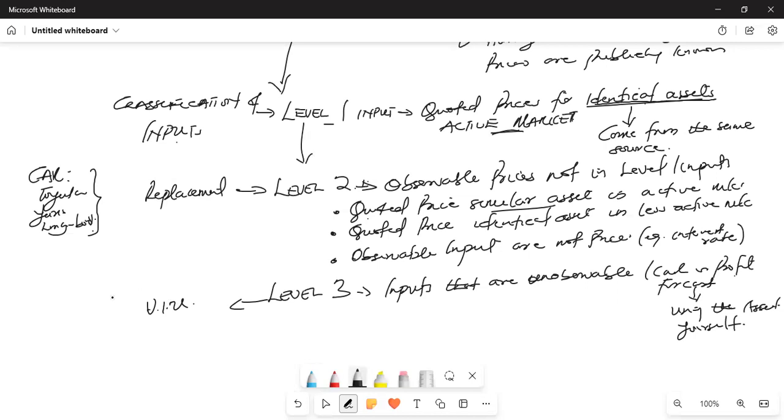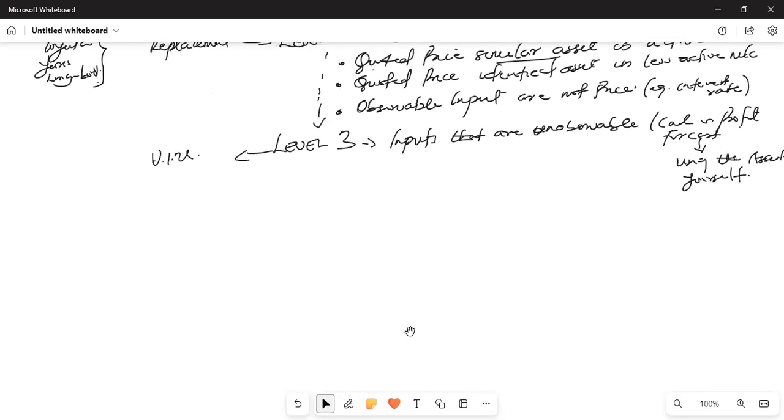All right. But you see, when you are doing the levels valuation, if you are checking this, priority must be given, it's ranked like this. The priority must rank from here to here. So if you don't get level 1, that is where you get to level 2. If you don't get to level 2, that is where you get to level 3. You can't start from level 3.